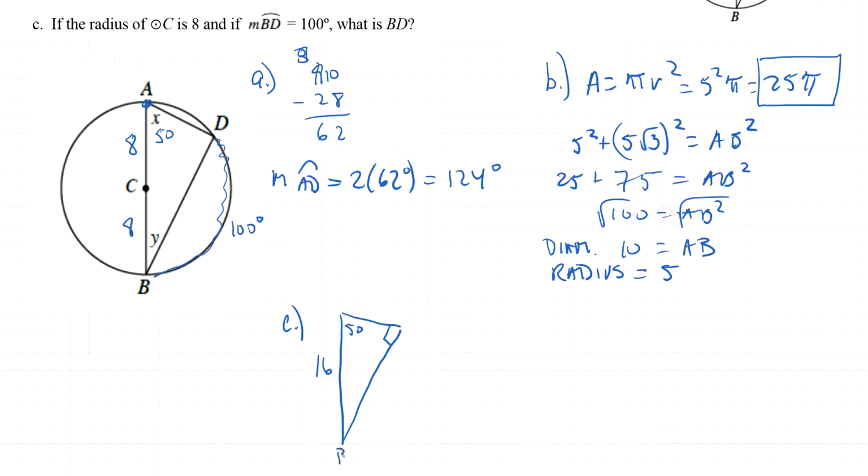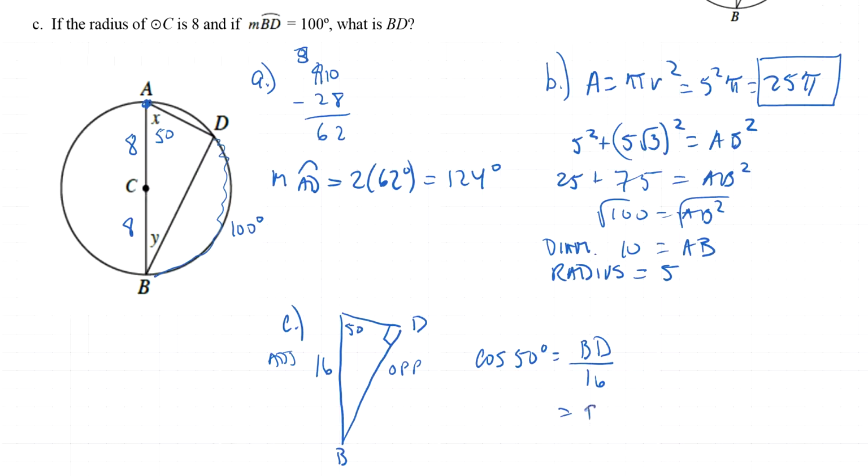And if I want to get what BD is, now I can use some trig, because I know this is the opposite side, and I know this is the adjacent side. So the cosine of 50 degrees equals BD over 16.